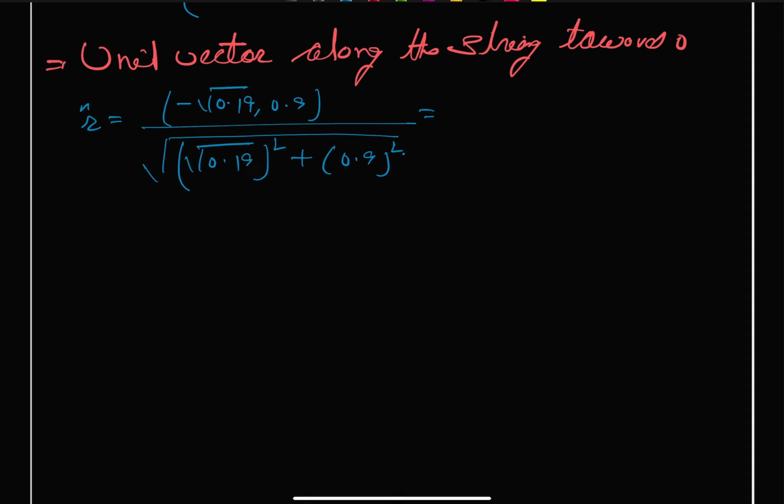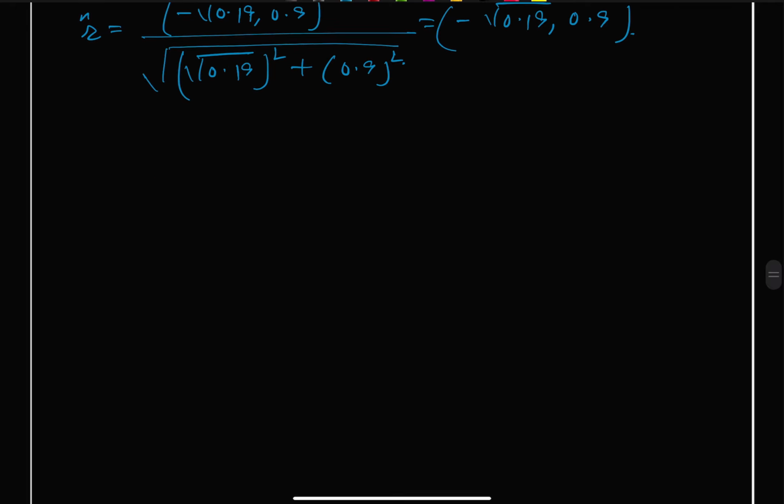So we are going to get this as square root of 0.19 and minus 0.9. So just after liftoff, let us call that velocity v after.